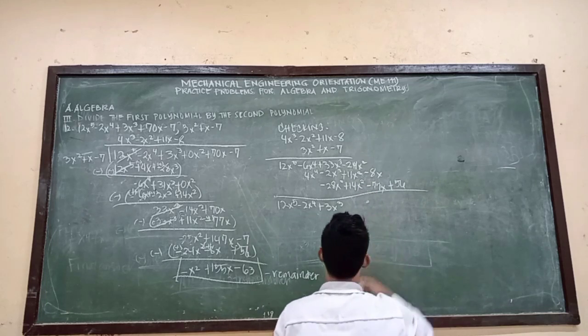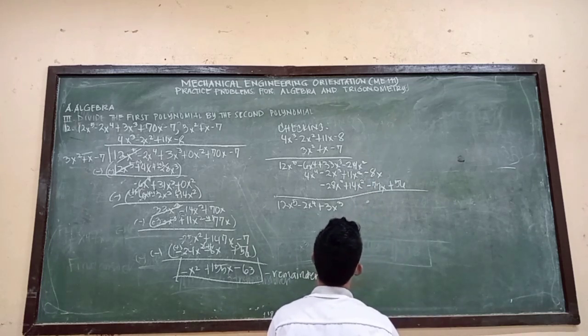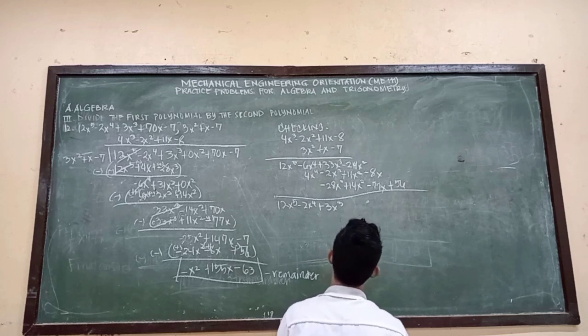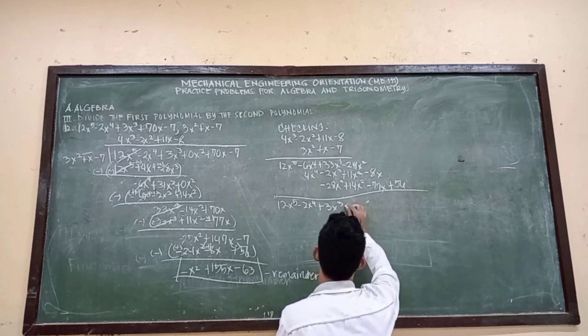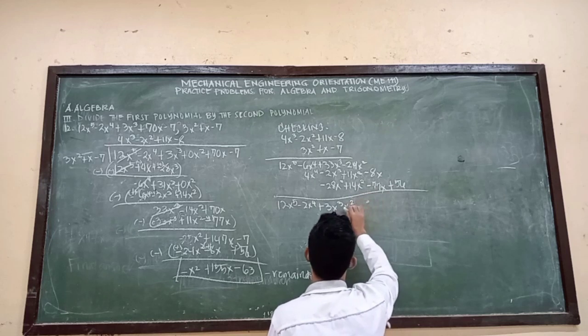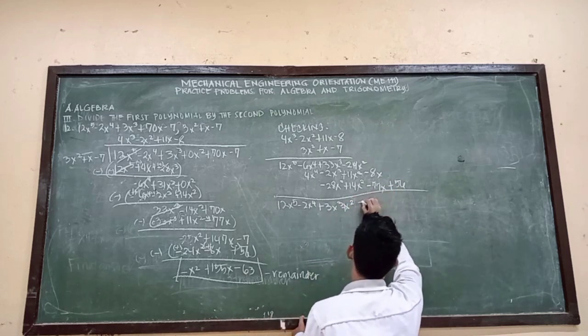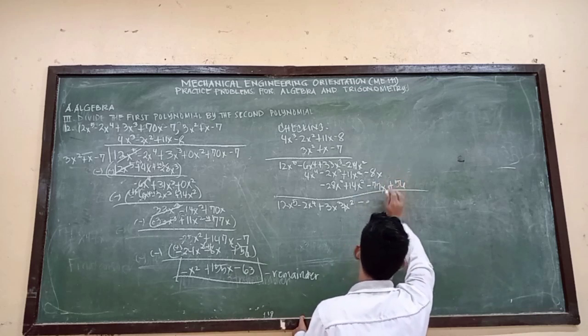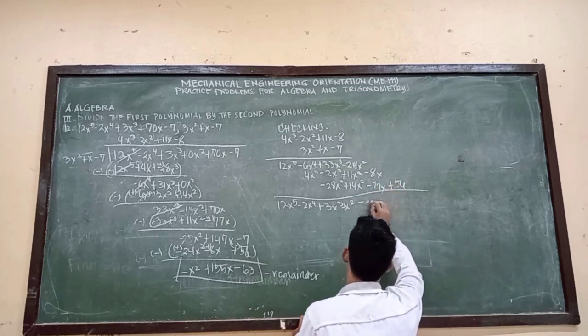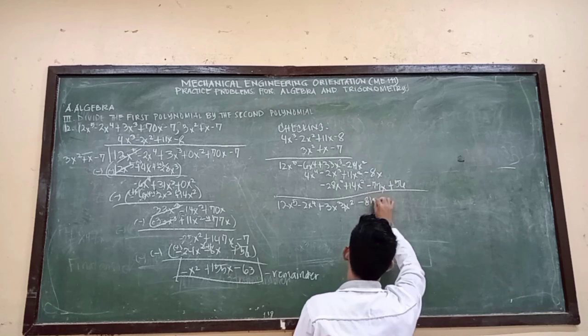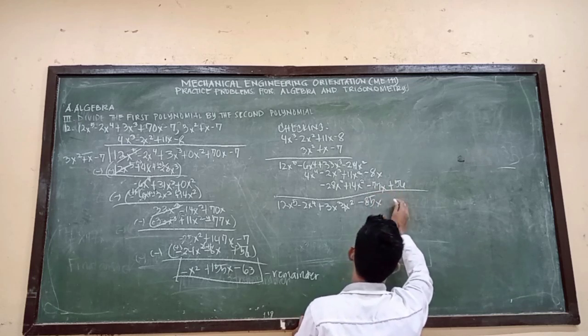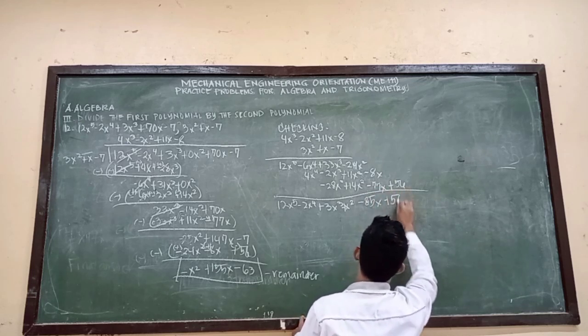Negative 24x squared plus 11x squared plus 14x squared will give us positive x squared, and then negative 8x plus negative 77x will give us negative 85x plus 56.